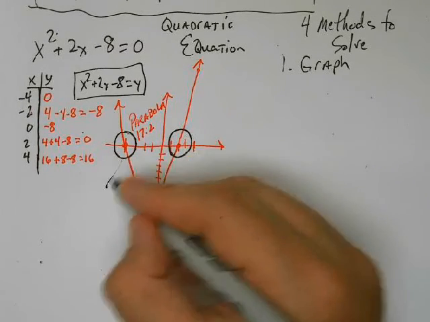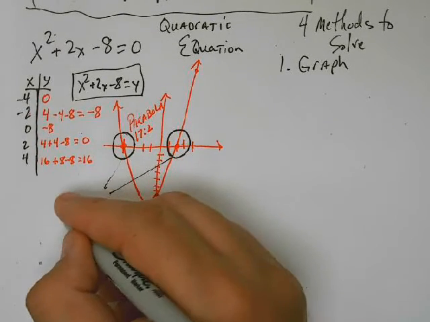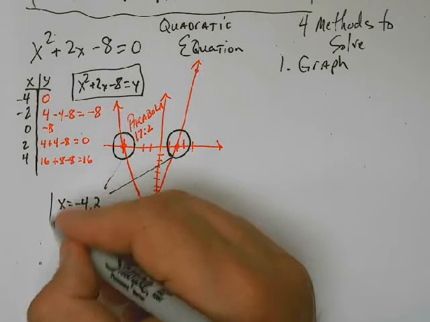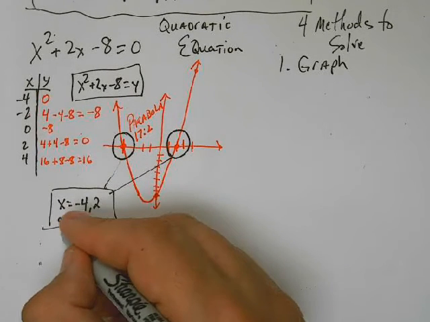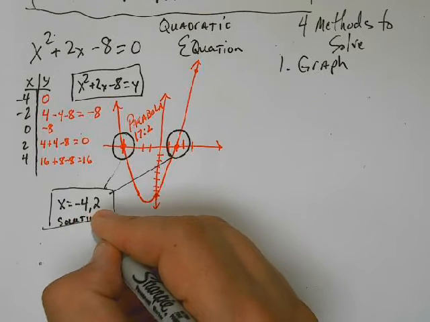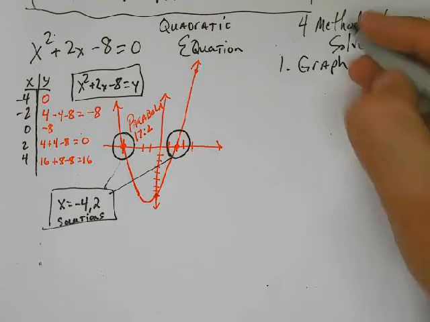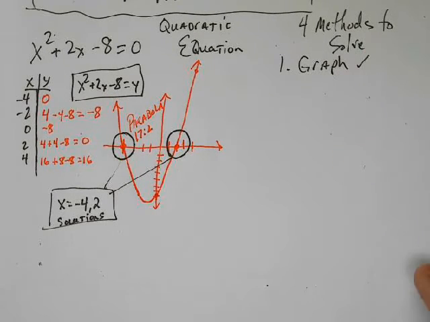Those two places are the two solutions, -4 and +2. Those are the solutions to the quadratic, where the graph crosses the x-axis. Everyone okay with that? I'm going to put a check mark by that method. We've got 3 more to go.